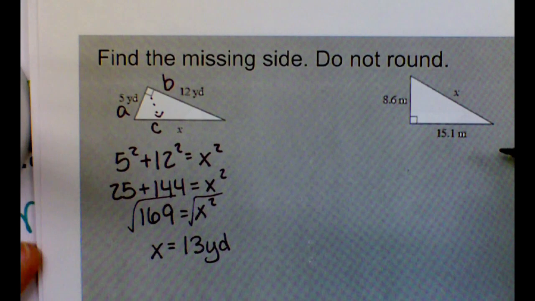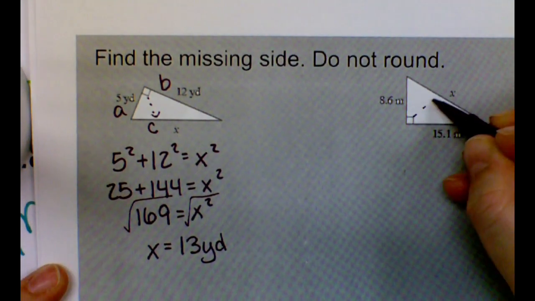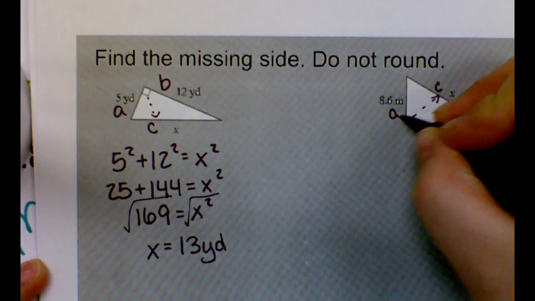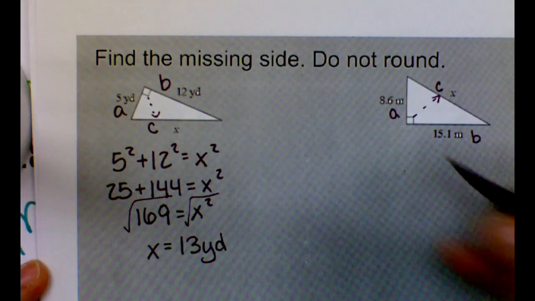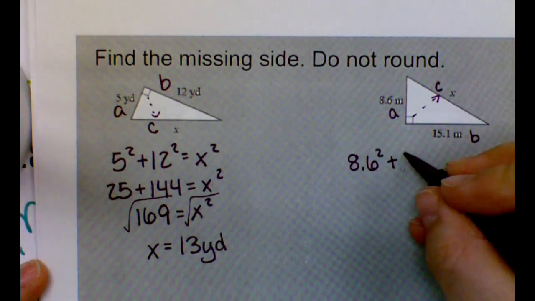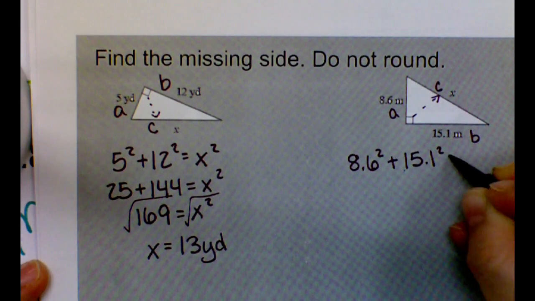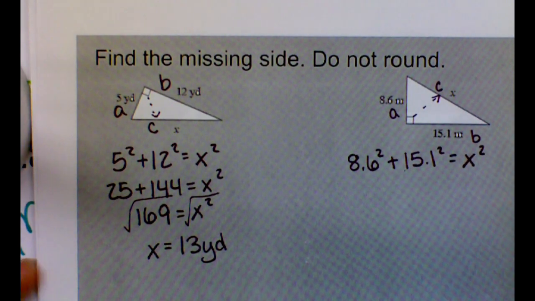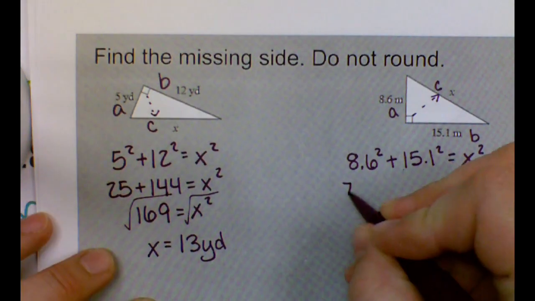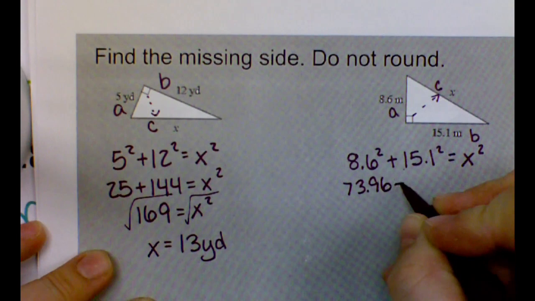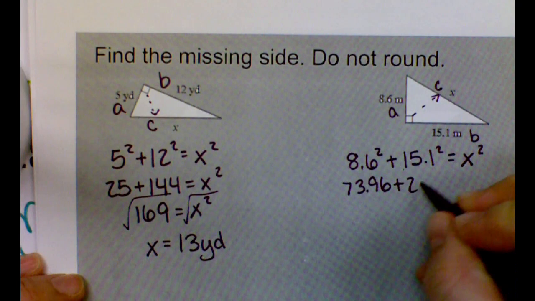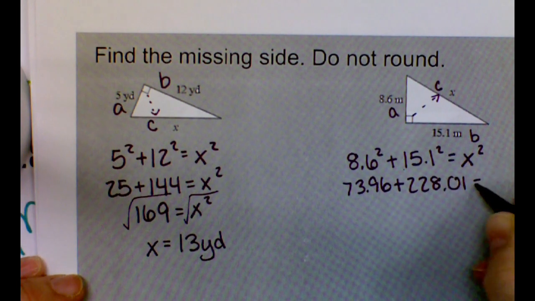For the second one, we'll do the same thing. So across from the right angle is our hypotenuse, so that's C. The other two are A and B, and it does not matter which one's which. So then we plug in A squared, 8.6 squared, plus B squared, 15.1 squared, equals C squared, which is X squared. Now I'm going to need a calculator here, but 8.6 squared is 73.96, plus 15.1 squared is 228.01.